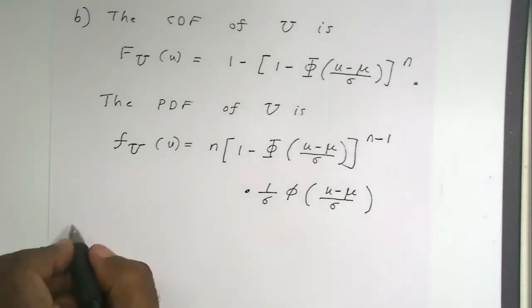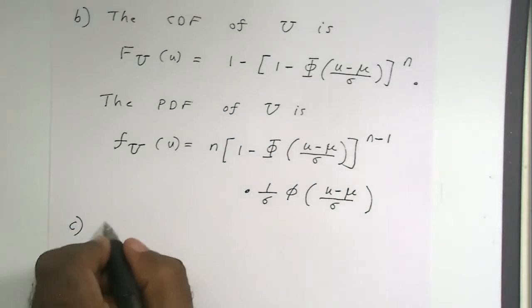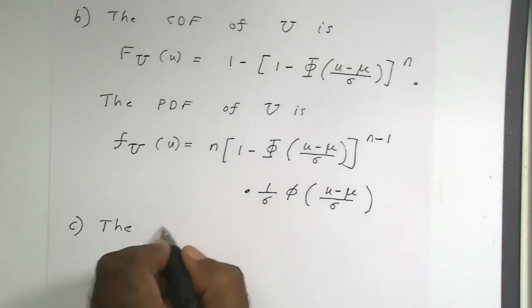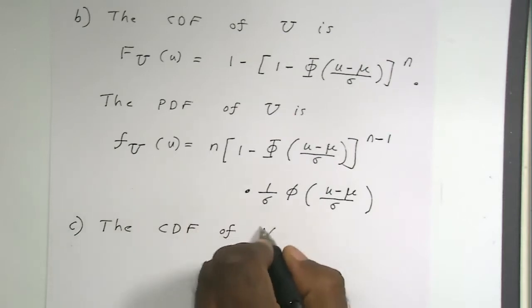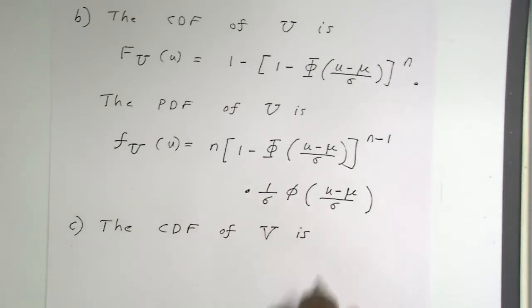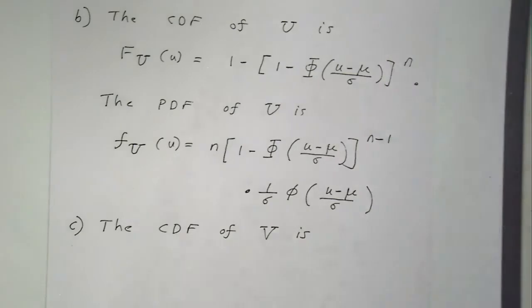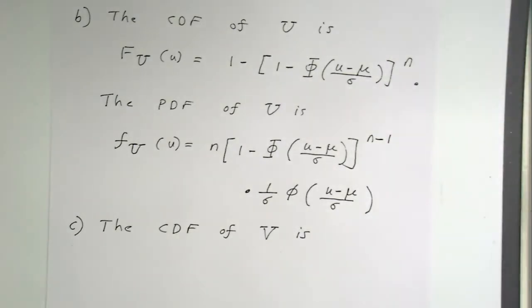Right, now C, the CDF of V. To find the CDF of V, I'm going to use the following formula, which I gave you some time ago. Let me show you guys. This is the formula I'm going to use. This one here.